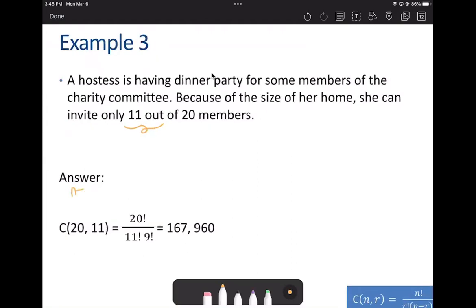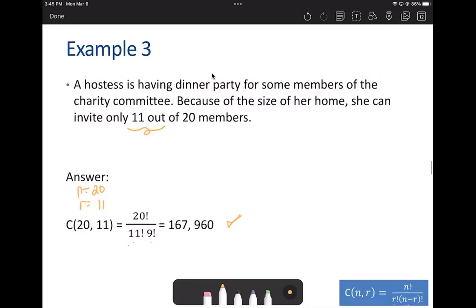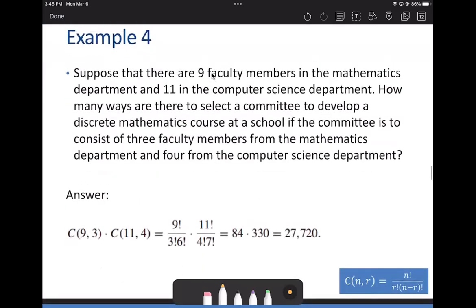So our n will be 20 and r will be 11. Then we have 20 factorial, that is for the n factorial, divided by r factorial, that will be 11 factorial, and n minus r factorial, that will be 20 minus 11, which is equivalent to 9 factorial, and we will have 167,960.